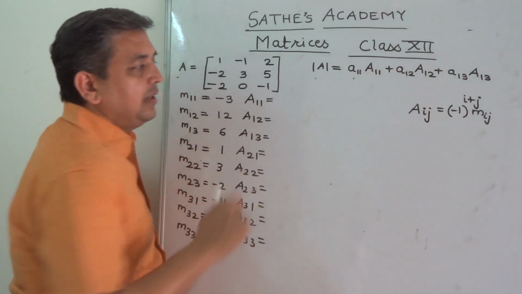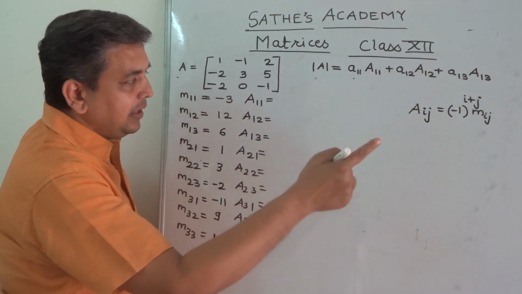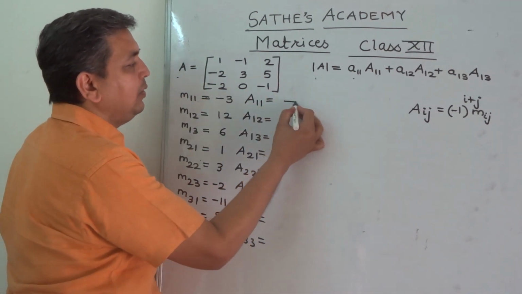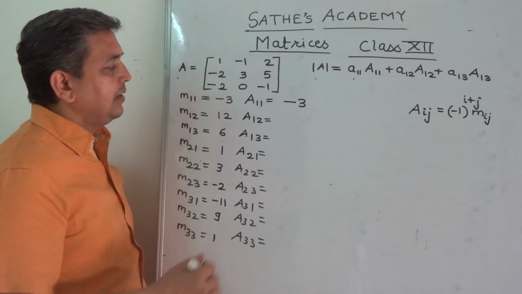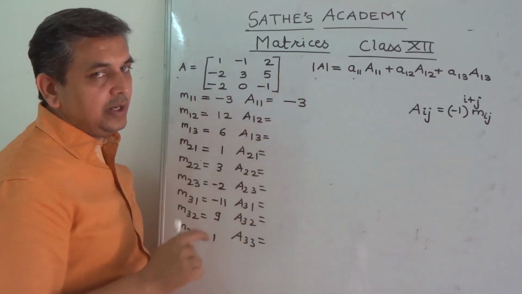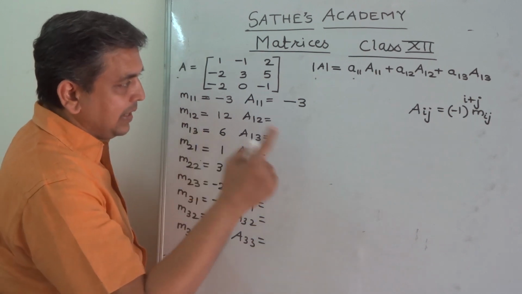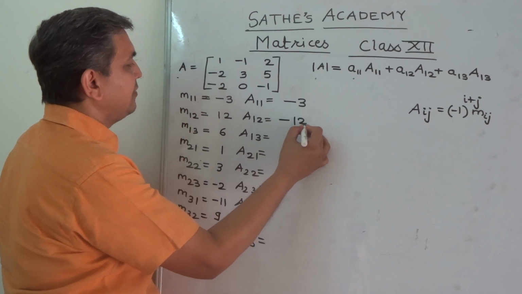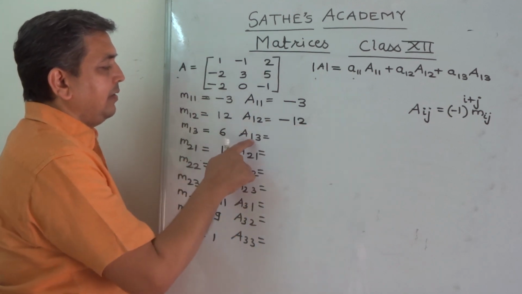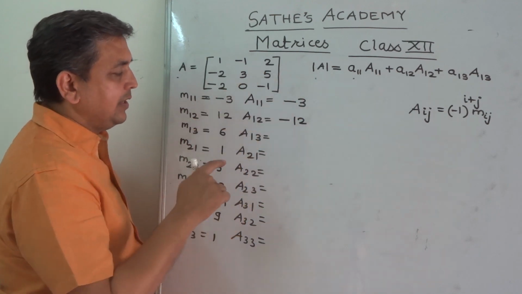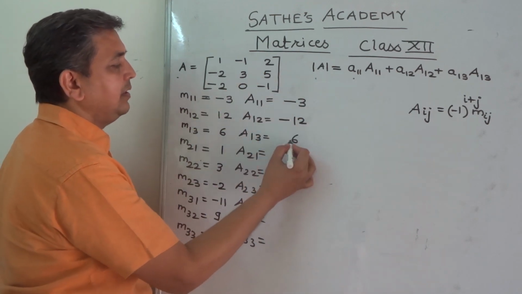Minus 1 raised to even number is 1, and 1 into Mij is same as Mij, so here we get the value minus 3. 1 plus 2 is 3, minus 1 raised to 3 is minus 1, so we have to change the sign, we get minus 12. 1 plus 3, 4, minus 1 raised to 4 is 1, so we get the same sign.